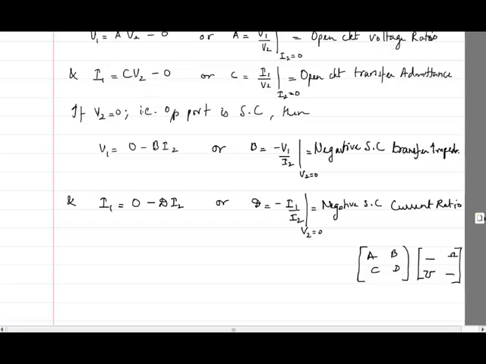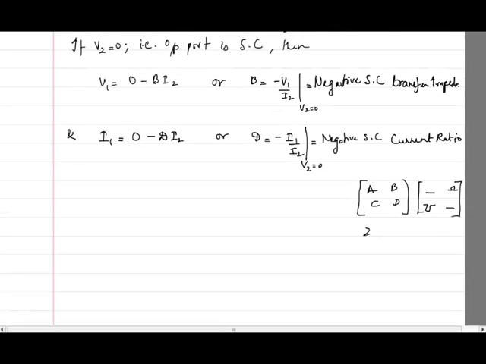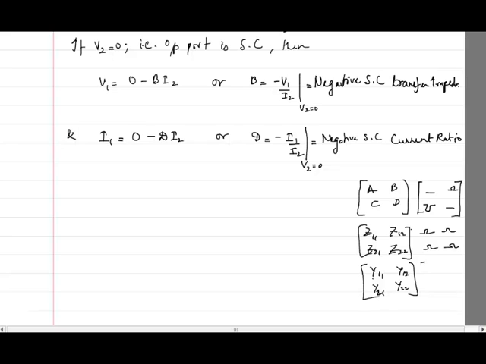Okay, in impedance, what was the case? In impedance, Z11, Z12, Z21, Z22 were all ohms. Whereas in the admittance one, Y11, Y12, Y21 and Y22, all the values were in mho, that is the inverse of ohms.